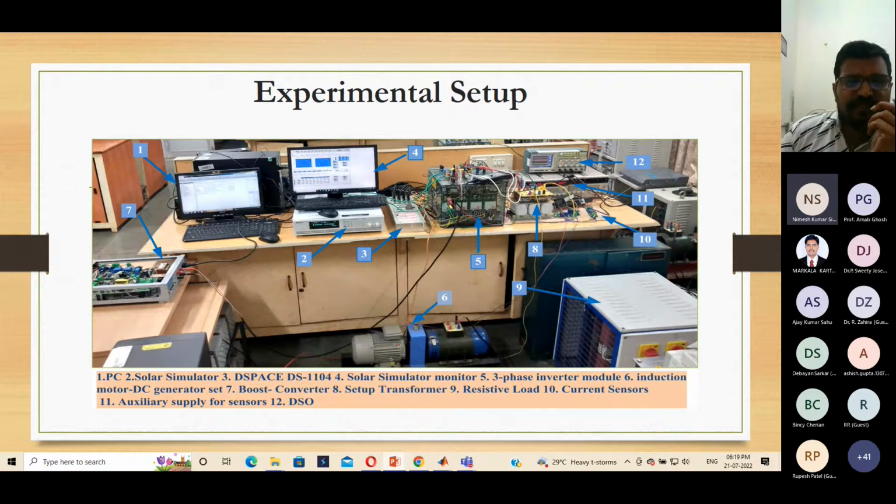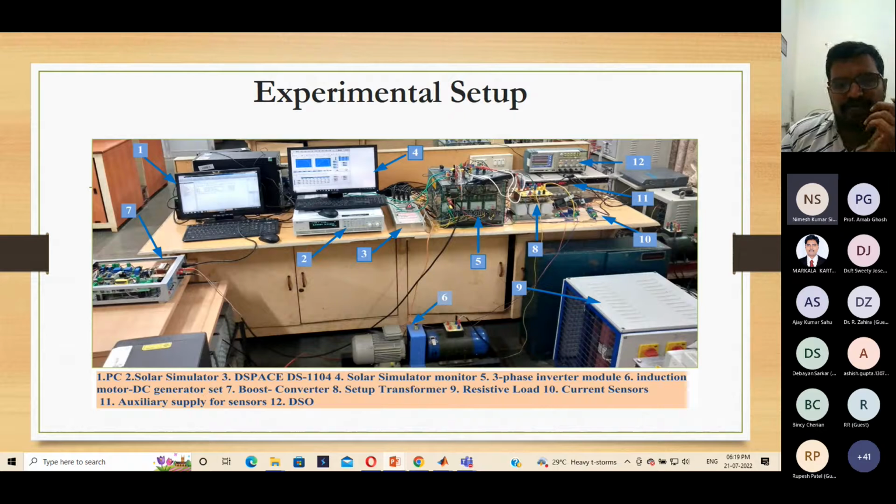This is the experimental setup with which we performed this entire experiment. Here we have taken the DC programmable power supply to emulate the PV system, which gives power to the boost DC-DC converter, and after this DC-DC converter it is fed to the three-phase two-level inverter.